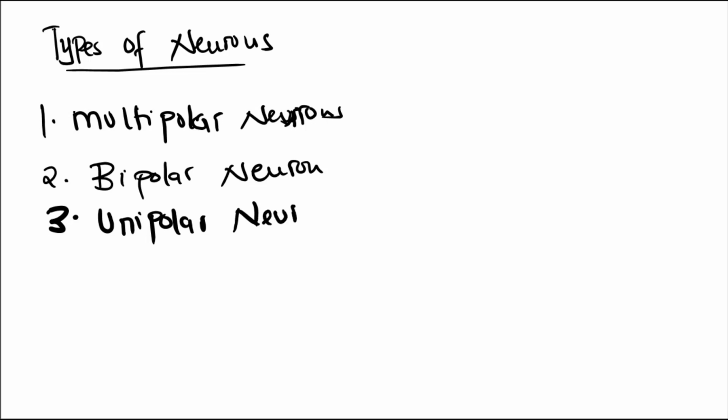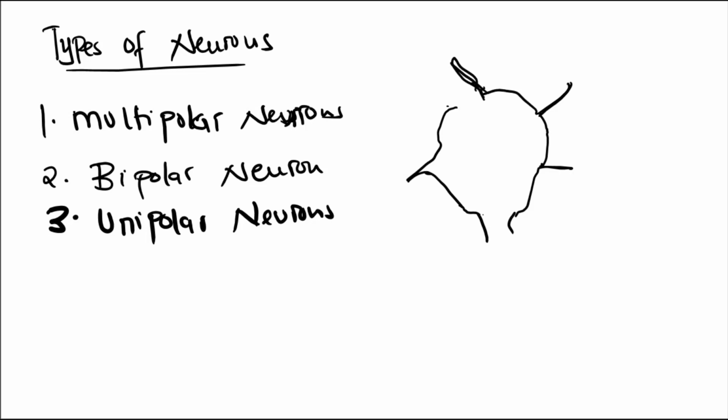If I was to draw a multipolar neuron here, it would be like this. If this is a cell body, this cell body will have multiple processes emanating from it. So this will be a process, this will be a process, and so on. These processes here are dendrites.